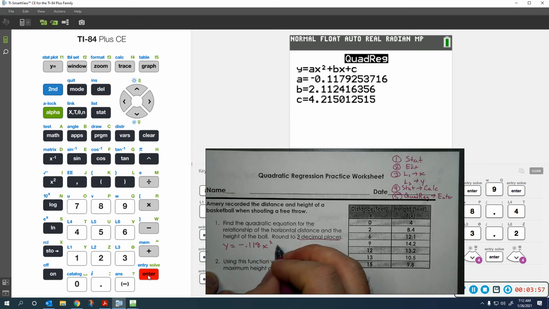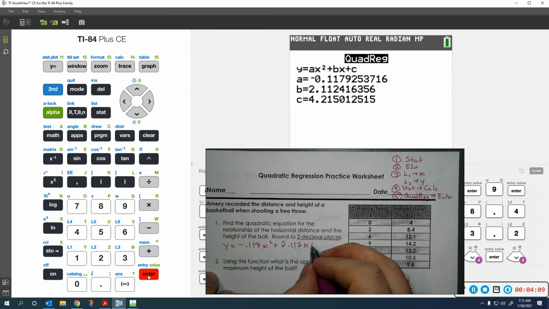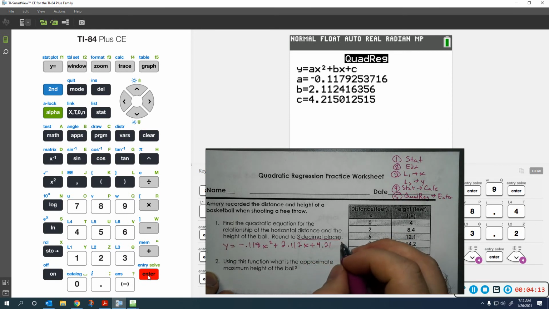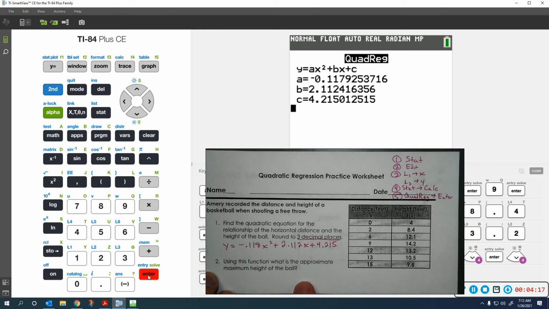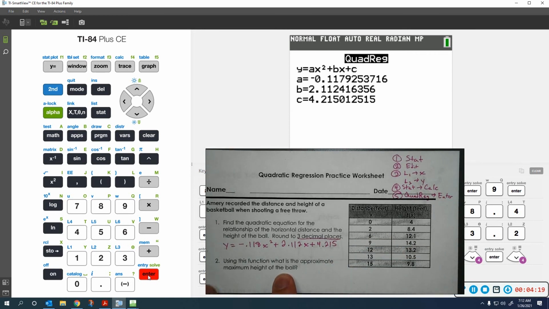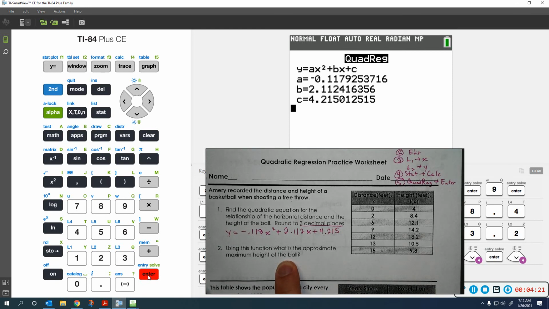Plus, now we get our B value, 2.112, and that 4 means it's going to stay the same. There we put our x, plus 4.215, and that 0 means that 5 stays the same. So there's our quadratic.